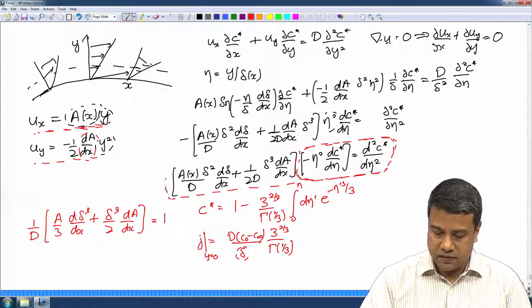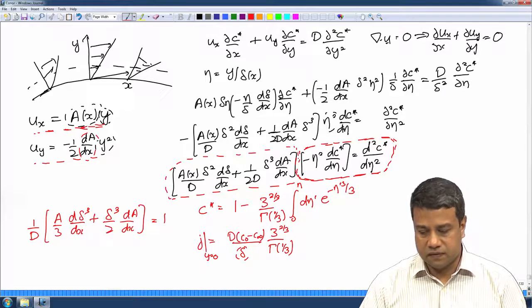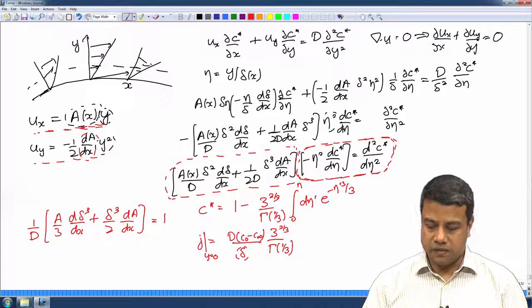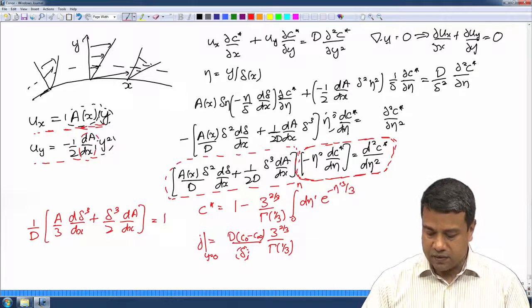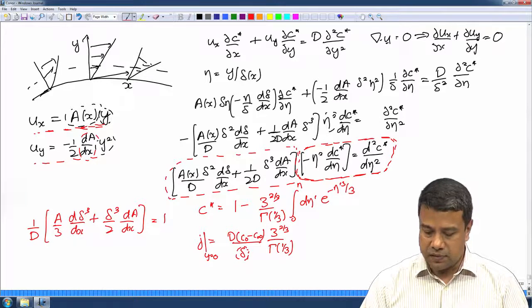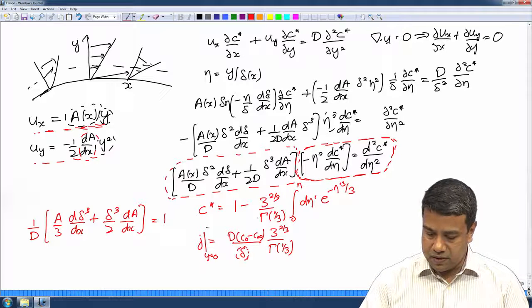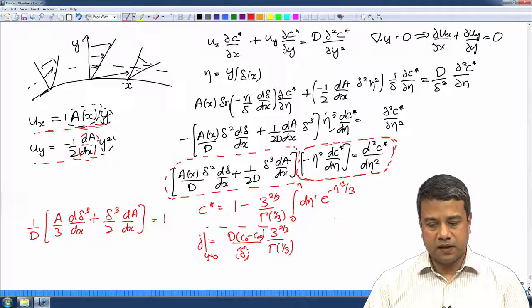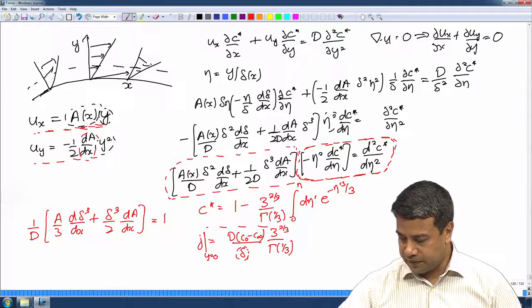What changes is the form of the boundary layer thickness as a function of the tangential and normal velocities. So, the only thing that changes in my flux relation is the boundary layer thickness. The Peclet number to the 1/3 power remains, and this solution for the concentration remains when the velocity increases linearly with distance from the surface.